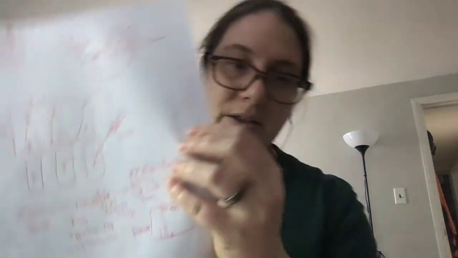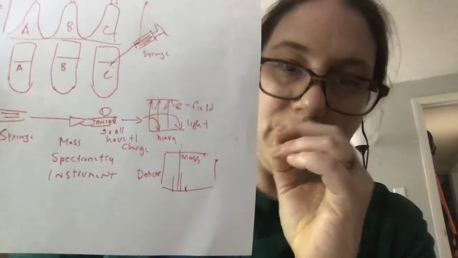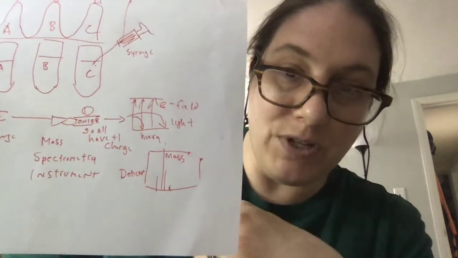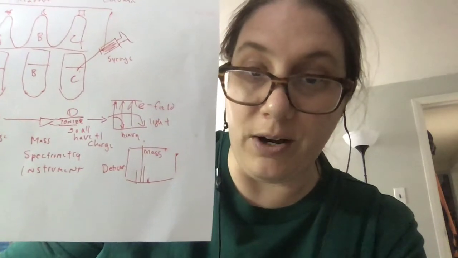So this detector in the mass spec is going to give me a mass of the metabolite. So what I'm probably going to have to do is take this mass and run another mass spec on it. So I have this mass, and it's going to correspond to the molecular weight of my metabolite.